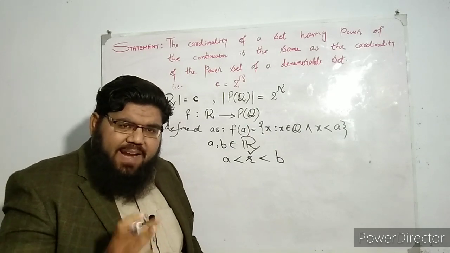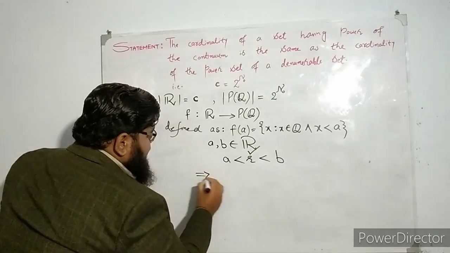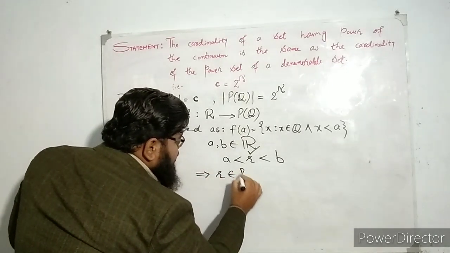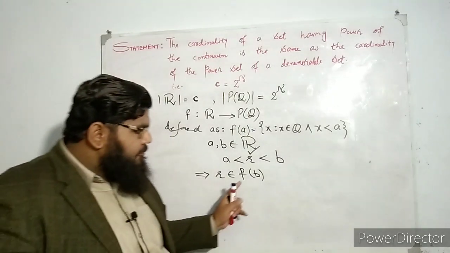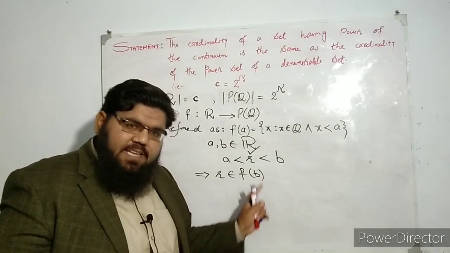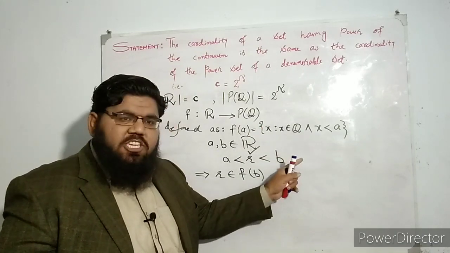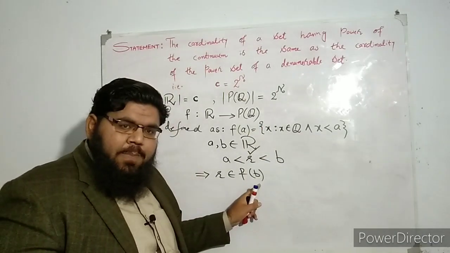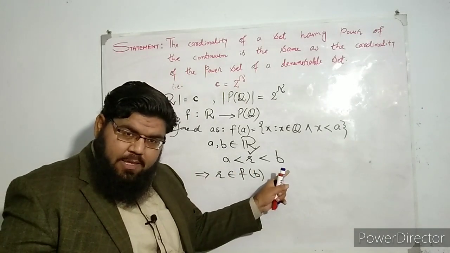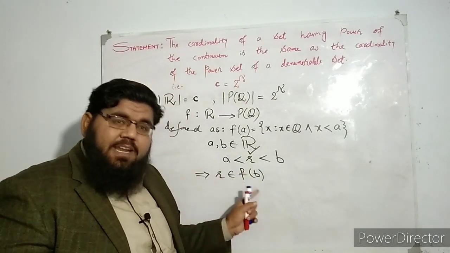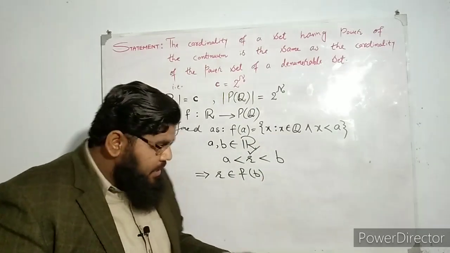Now by definition, can we say that r will belong to f of b? f of b gives a set of rationals containing all those rationals which are less than b, and r is a rational less than b, so it will also be included in f of b. I hope it is clear.